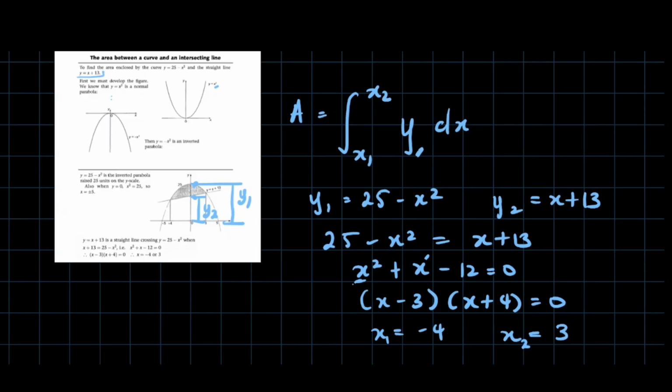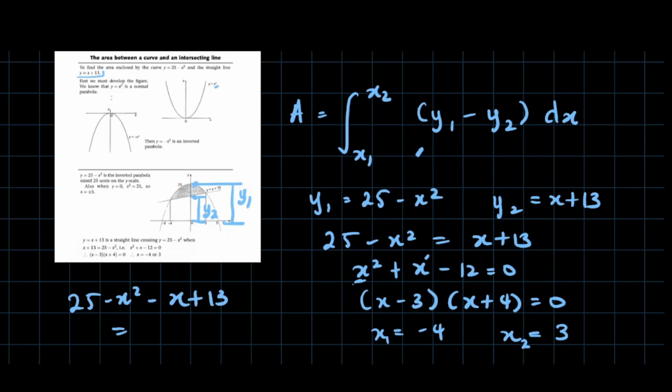That's 25 minus x squared minus (x + 13), which gives you 12 minus x minus x squared.